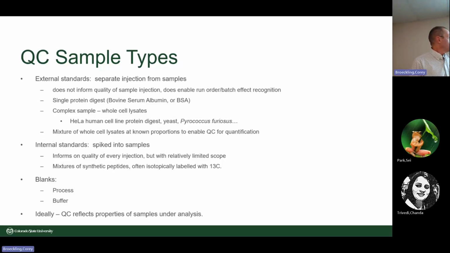Ideally, your QC sample type reflects the properties of the sample under analysis. This is a really difficult ideal to achieve, particularly with metaproteome samples. The complexity there is so high that it's nearly impossible to come up with a good QC sample that's representative. We do use some approaches.